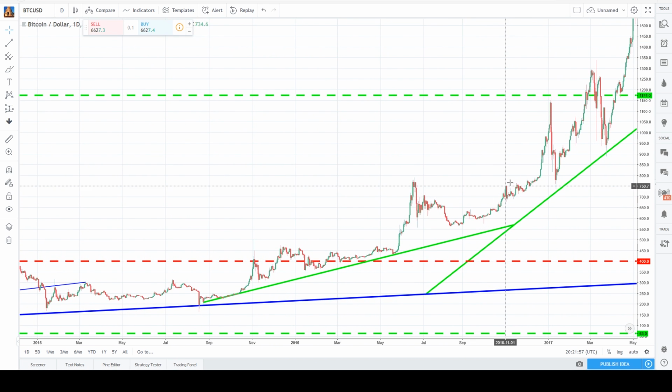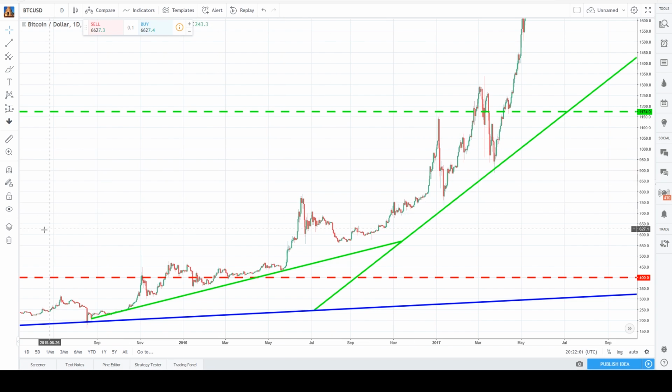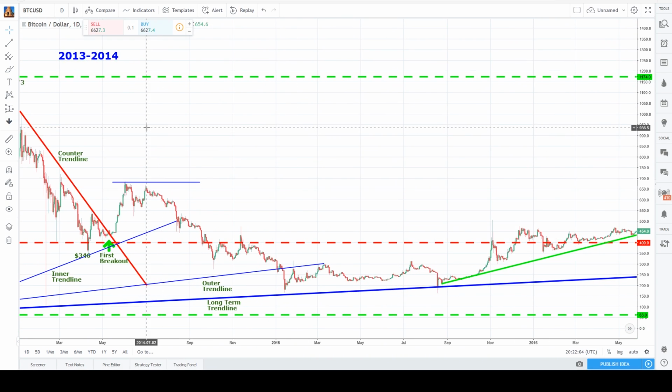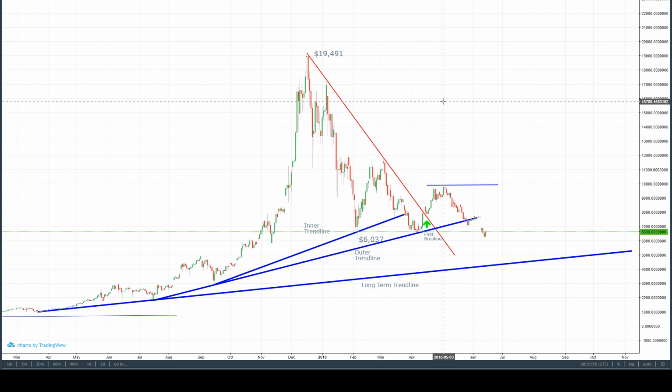Then we went up and up and up, and then, oh my god, it just went ballistic again, and it kept repeating the cycle. Now we're going to go back to now. Exactly the same. Parabolic movement, retracement, the first breakout happened, hit resistance, went all the way back down.